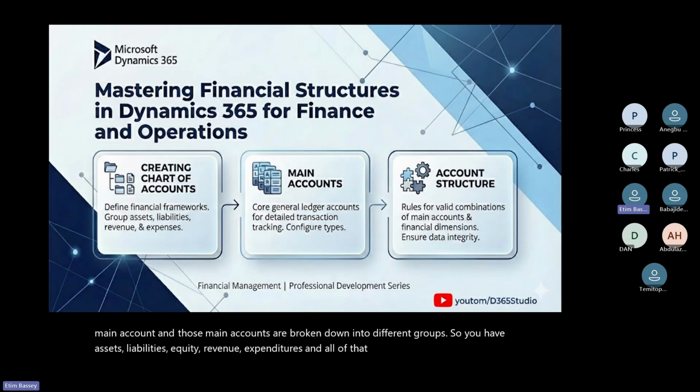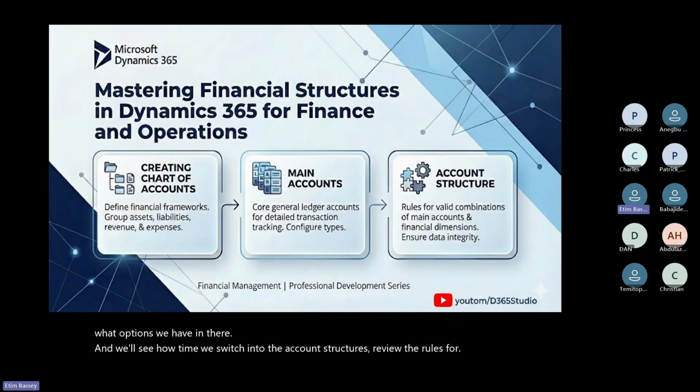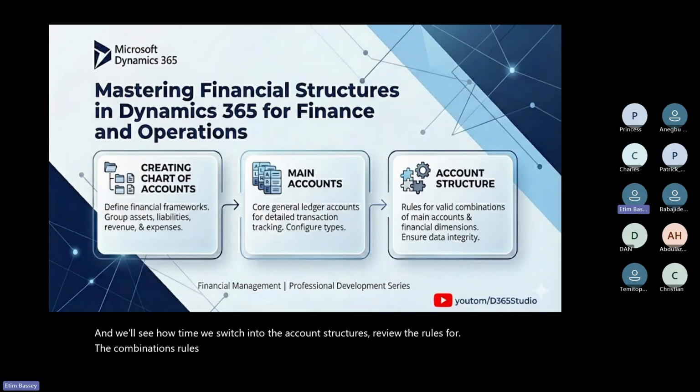Then, moving to the core general ledger accounts, we'll review the main accounts form and see what options we have in there. And if we still have time, we switch into the account structures and review the rules for the combinations, the rules that guide postings into those main accounts. All of those rules are configured in the account structure. Okay.